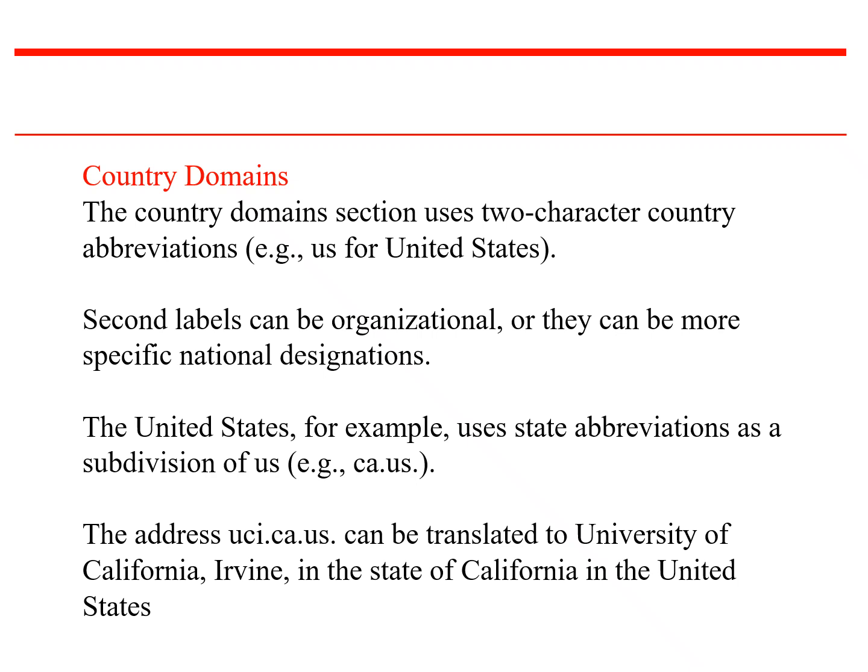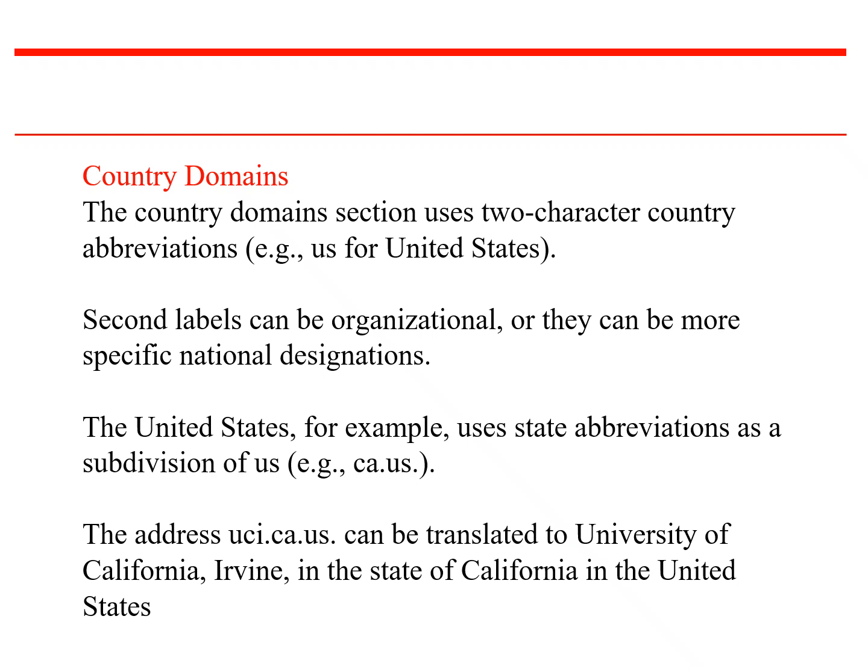The United States, for example, uses state abbreviations as a subdivision of US, like ca.us. The address uci.ca.us can be translated to the University of California, Irvine, in the state of California in the United States.